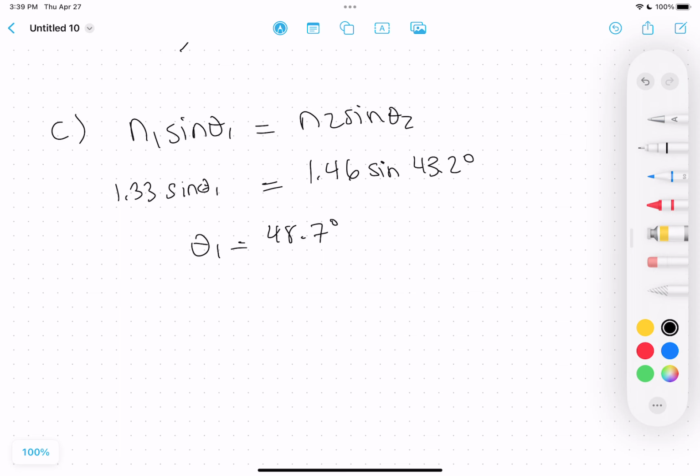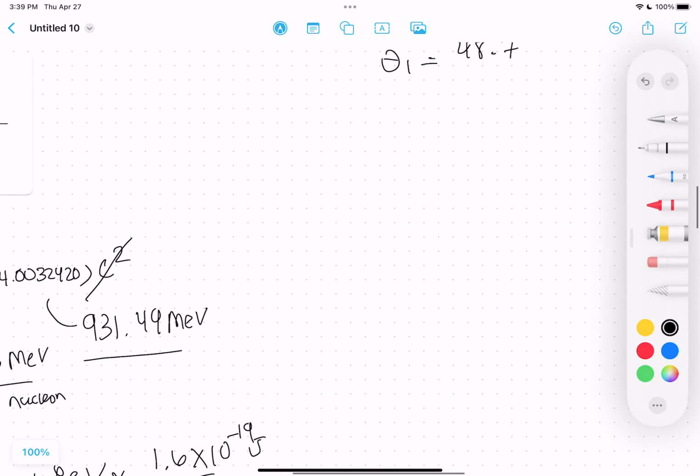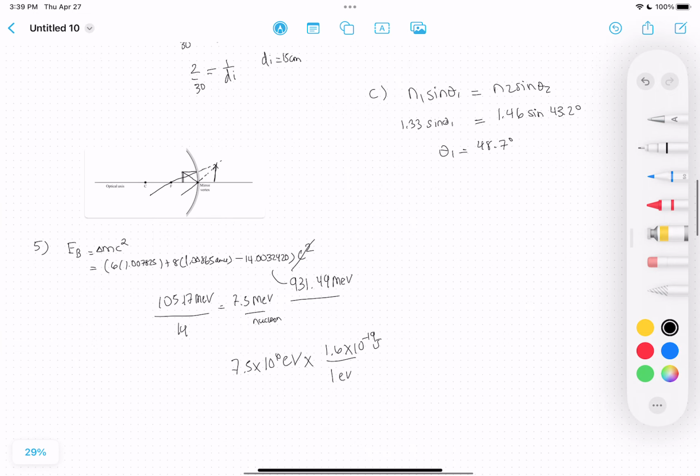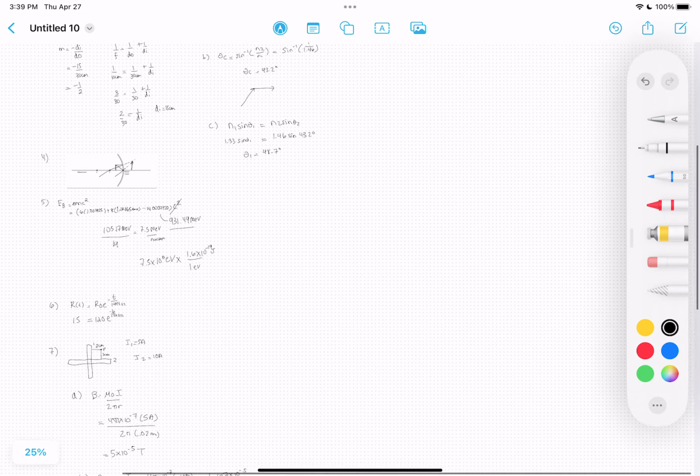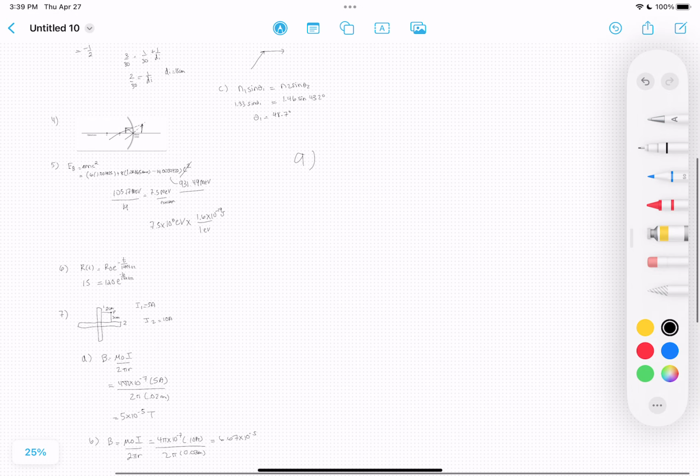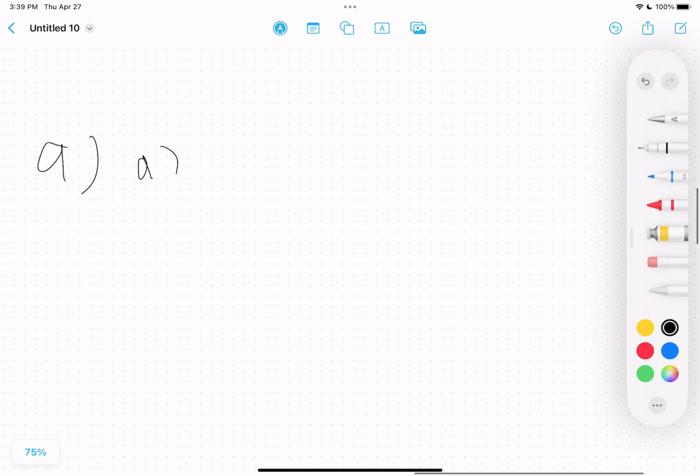So problem 9, write this over here. Okay, problem 9. A patient has a shortened eyeball. The retina in the patient is located 1.89 centimeters behind the eye lens.